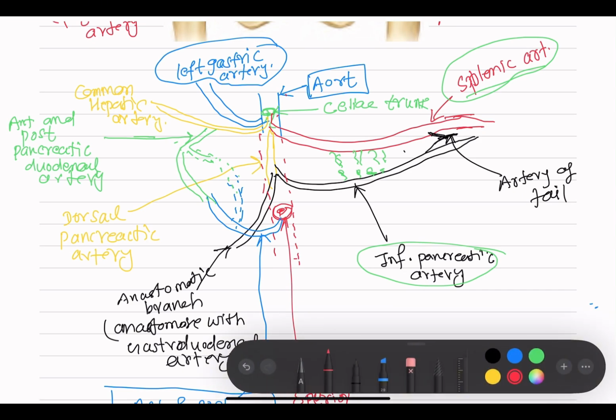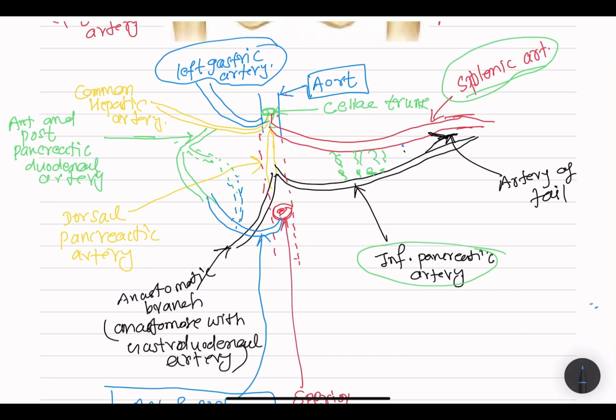We have to know this one is the great artery, from the splenic artery and from the inferior pancreatic artery, going like this, it anastomoses and forms the greater pancreatic artery.